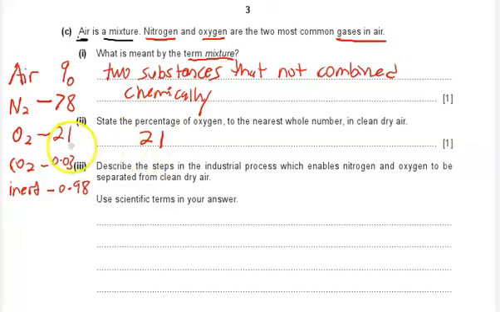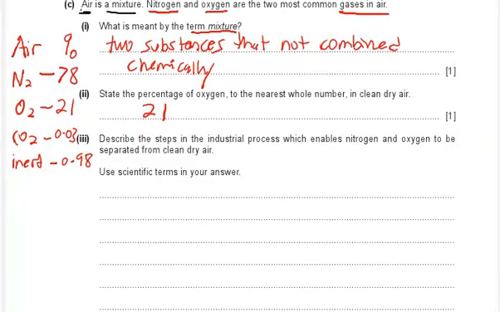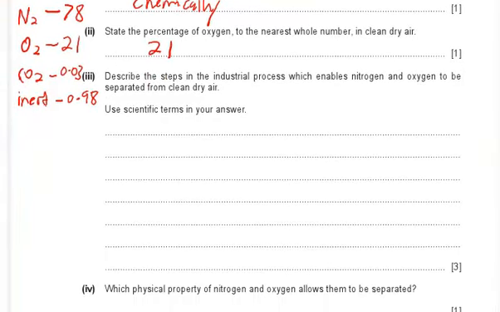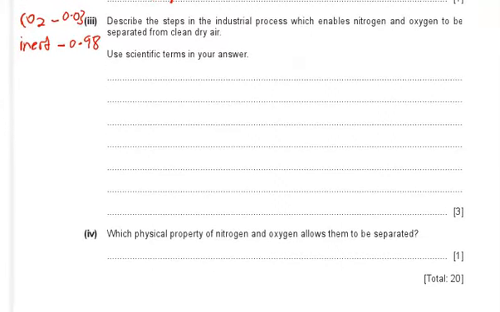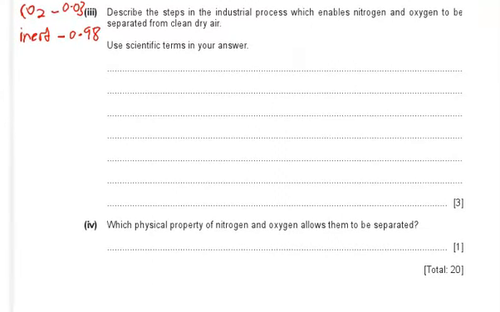Alright, so let us move on. Let me scroll it upward. There you can see the next question. Describe the steps in the industrial process which enable nitrogen and oxygen to be separated from clean, dry air. Use scientific terms in your answers.